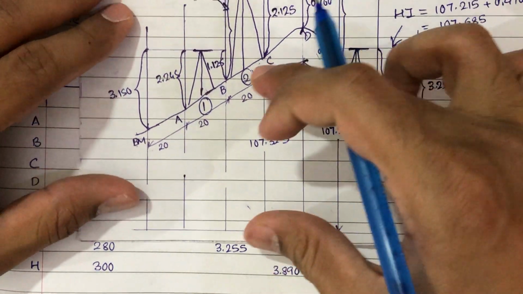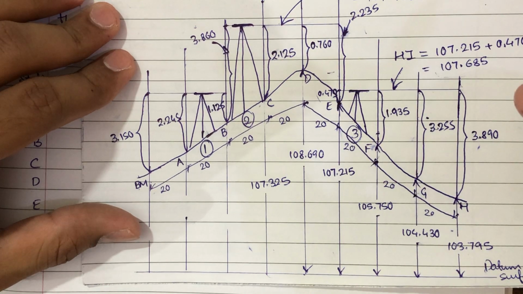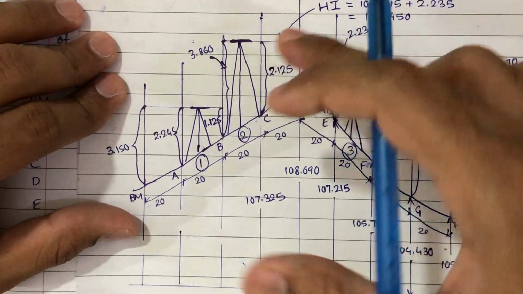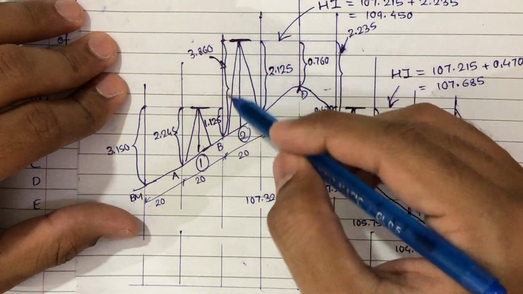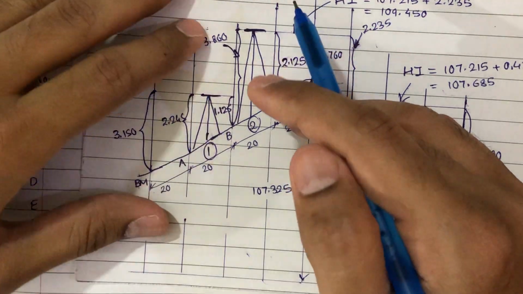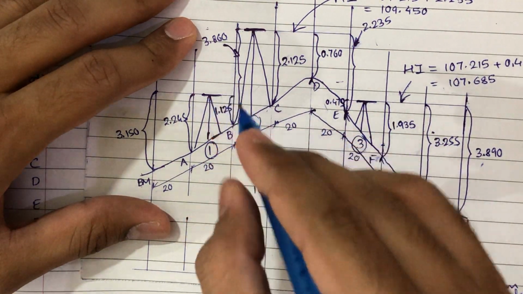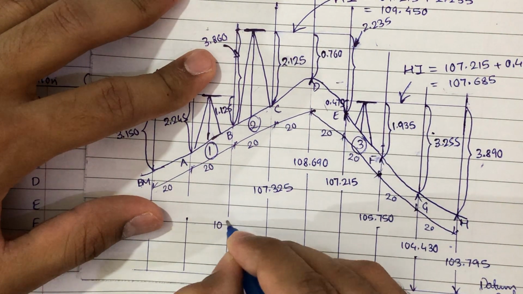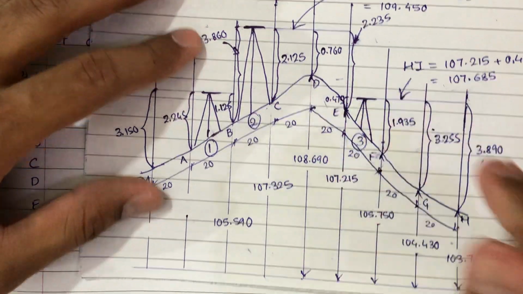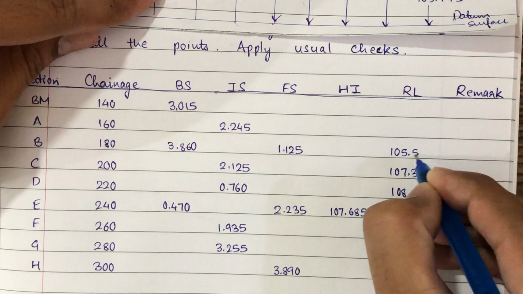Now we need to find RL at this point B. So RL at B will be what? It will be this HI minus this height, that is 3.86. HI minus the height 3.86. So RL at B comes out to 105.590.